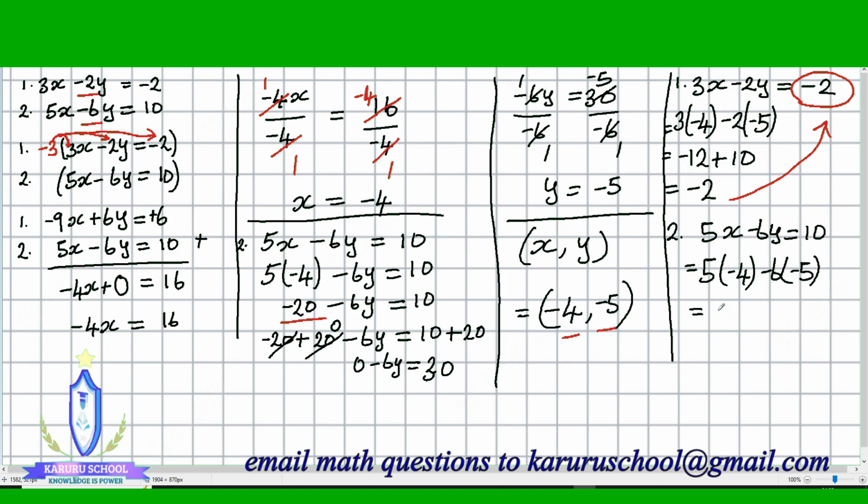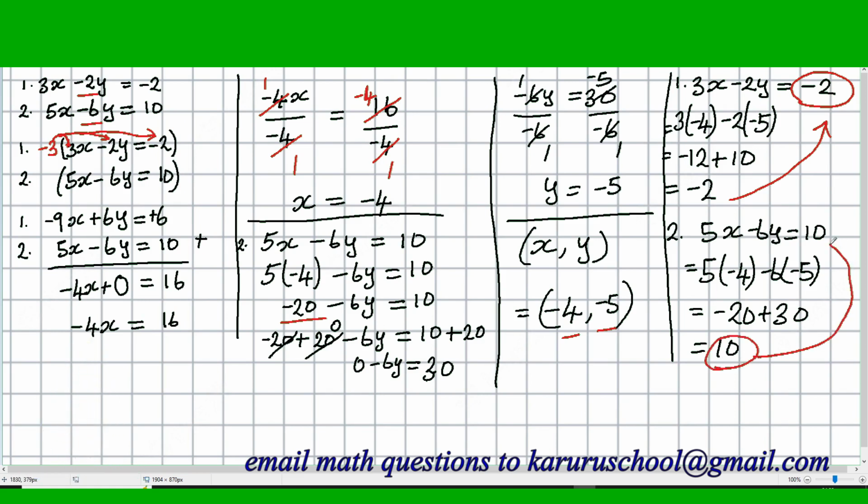This gives us negative 20. Negative 6 multiplied by negative 5 gives us positive 30. If you add negative 20 plus 30, this gives us positive 10. And if you compare with the original answer, we have this 10 is the same as what we had in the original expression.